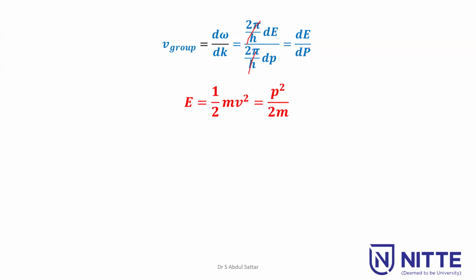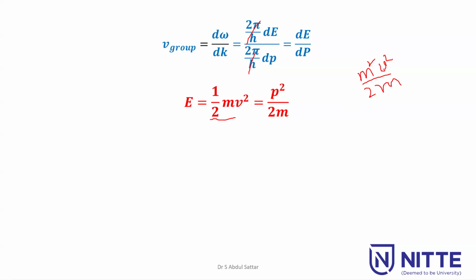We know E is the kinetic energy equal to half mv square. If you multiply numerator and denominator with m, then what will we get? m square v square by 2m.